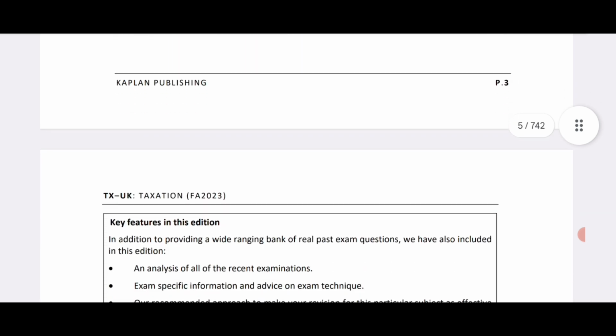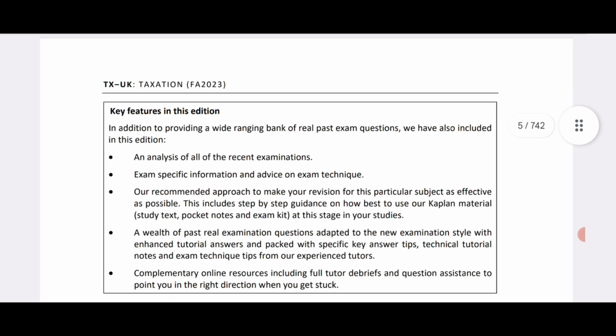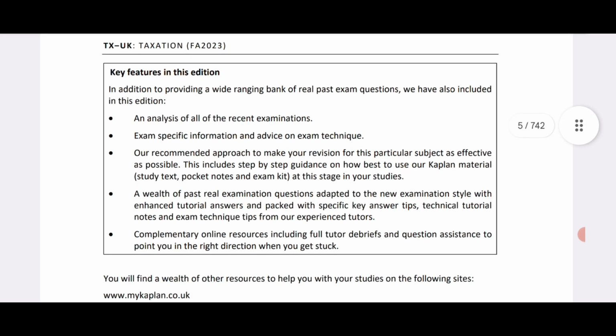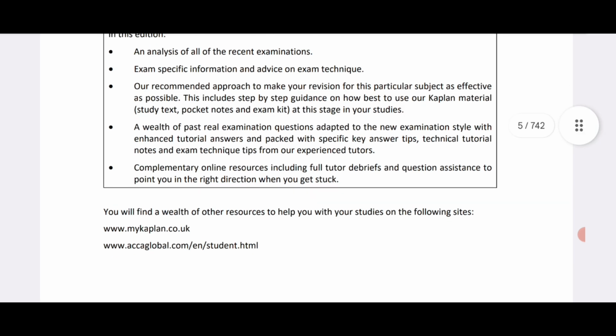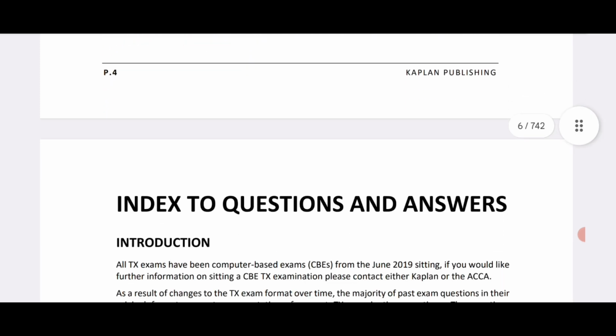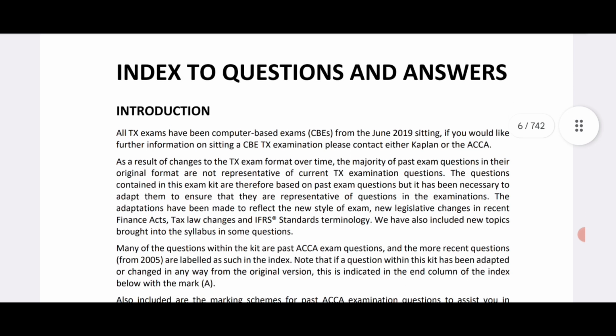Regarding exam kit resources, there are also free resources available from ACCA Global, and you can get past papers from the ACCA Global website. But Kaplan's are in a well-organized manner, and you get a lot of material according to the latest updated topics. You will get exam answer plans and exam style, so you know how to present your answers. Kaplan is definitely professional in this way.